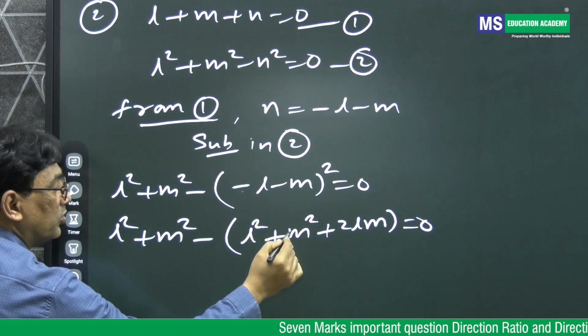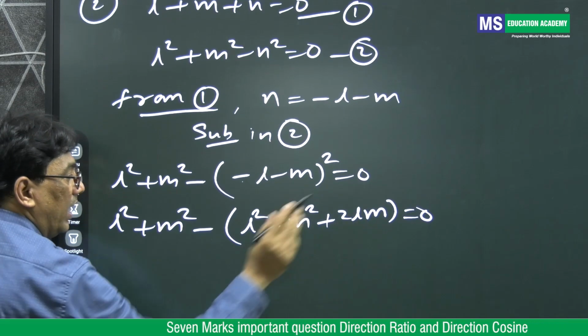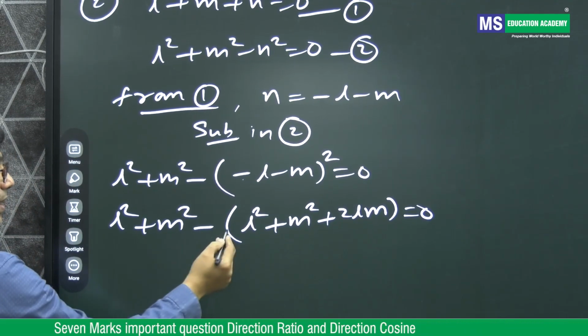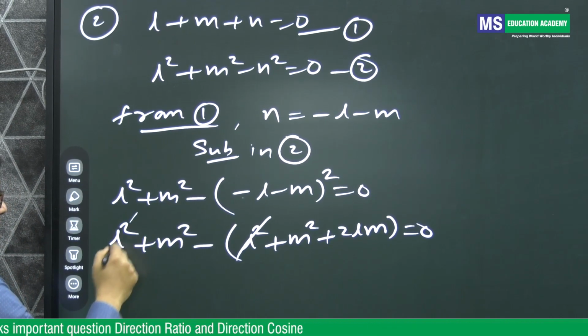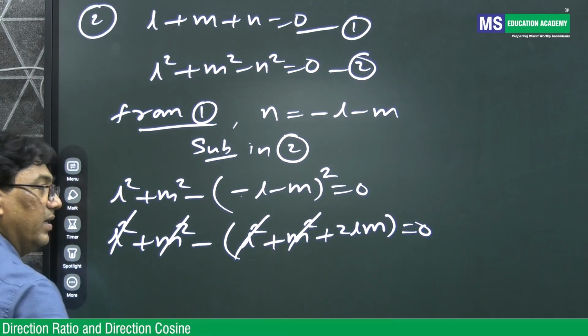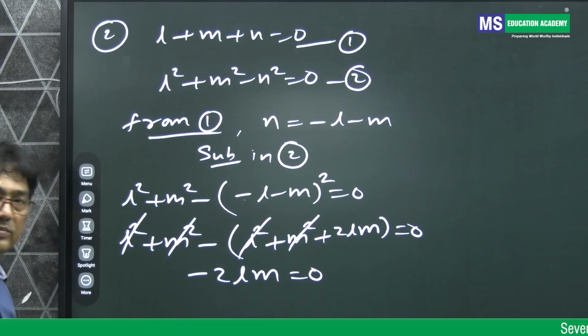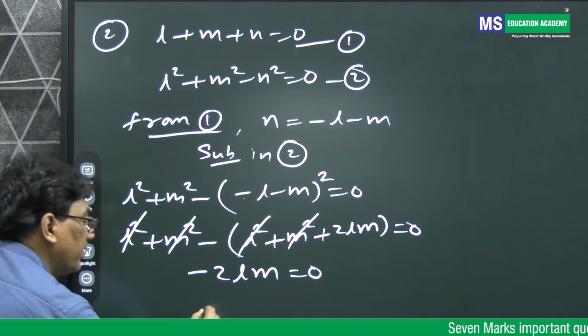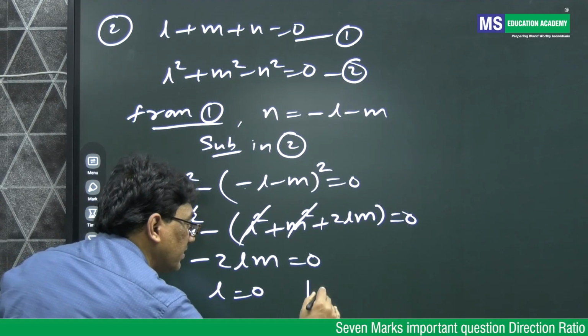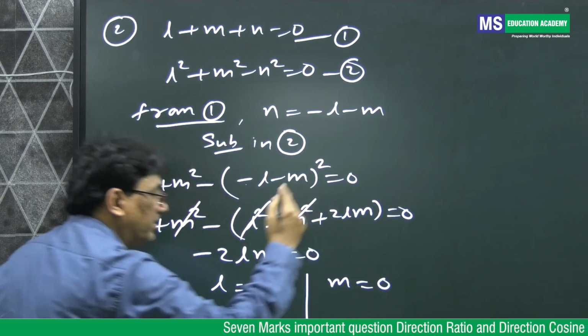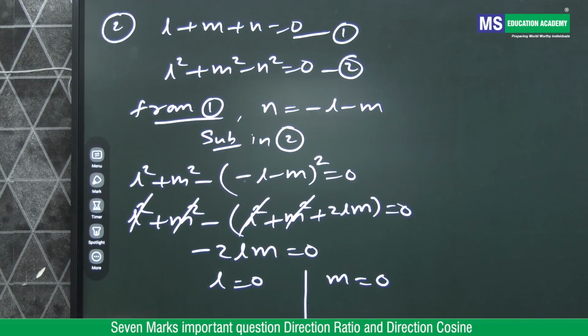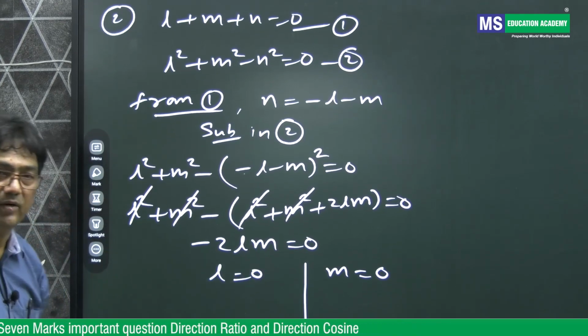Opening the bracket, L square cancels, M square cancels, leaving minus 2LM equal to 0. From this, L equal to 0 is one case, and M equal to 0 is another case.